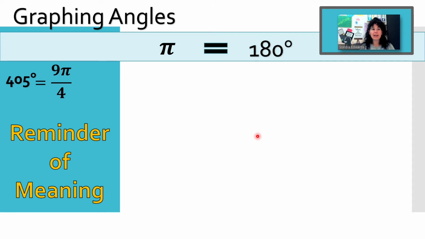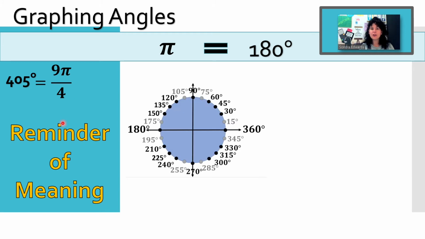Let's do one more like that. 405 degrees, graphing that. We start our initial side on the positive x-axis. We start rotating, but we're going past where we started because 360 degrees is a full circle, and we're going to have to go an extra 45 past 360 to get to that 405 mark.